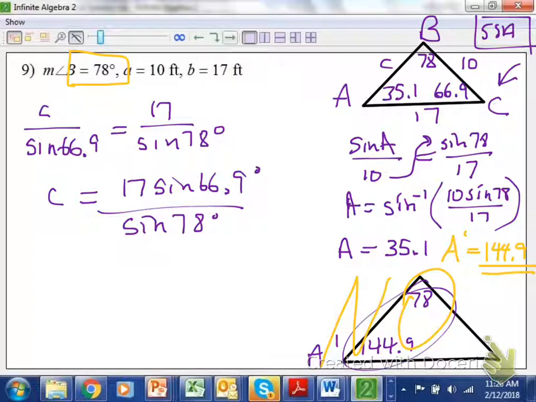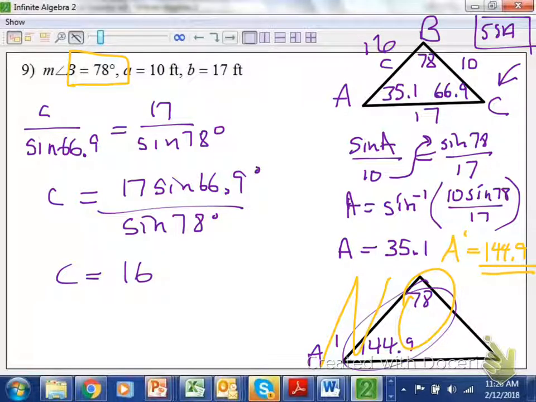C equals 16. And make sure that your triangle makes sense. Is the largest side across from the largest angle? Yes. Is the smallest side across from the smallest angle? It is, and we're good to go.